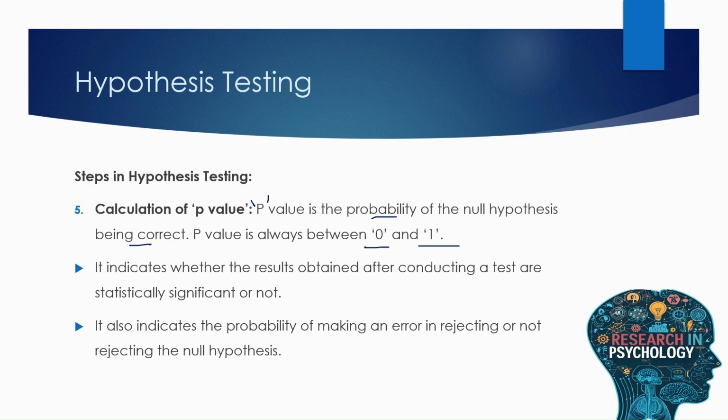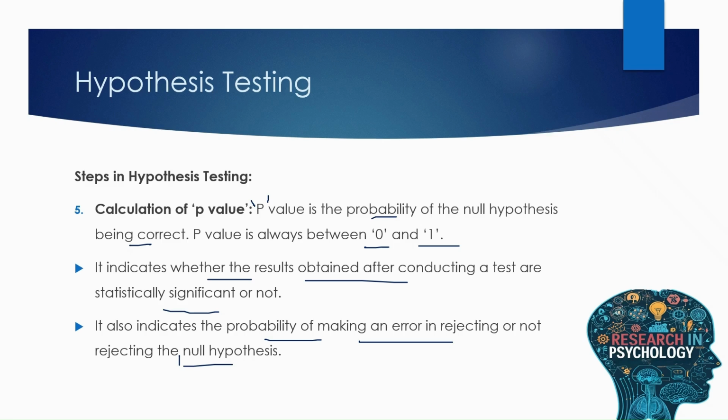All right. Now the p-value indicates whether the results obtained after conducting a test are statistically significant or not. It will tell whether whatever study you have done is statistically important, significant, or correct or not. It also indicates the probability of making an error in rejecting or not rejecting a null hypothesis.